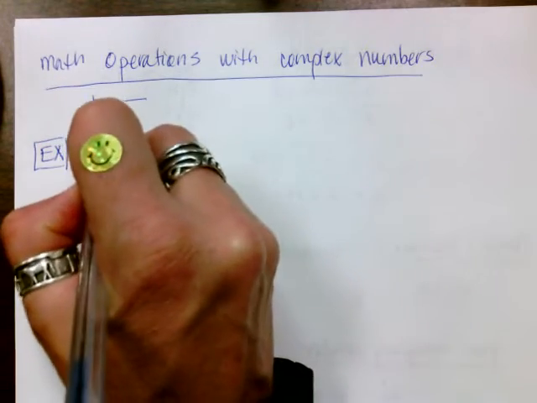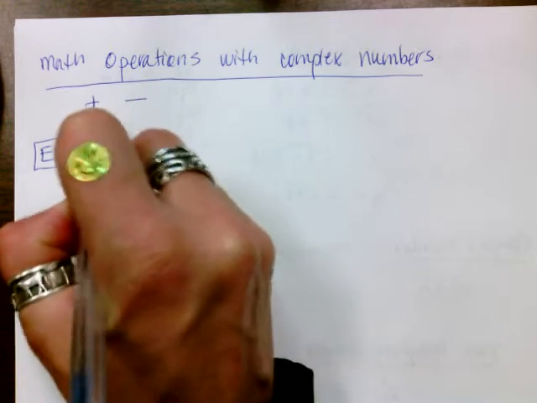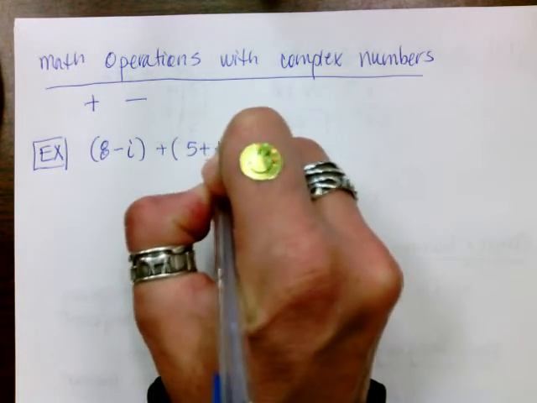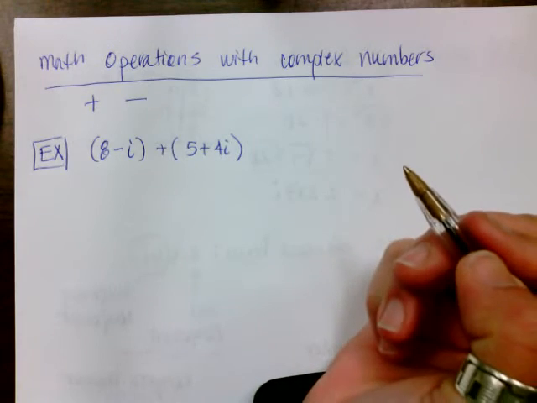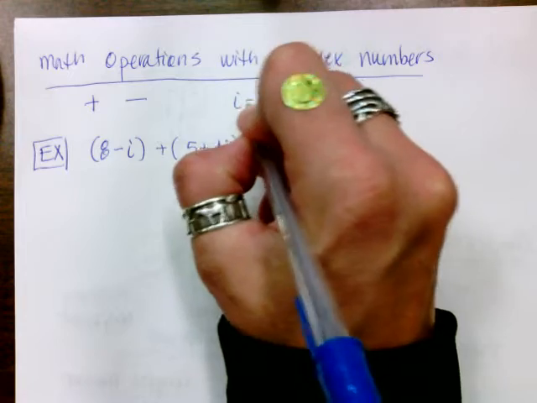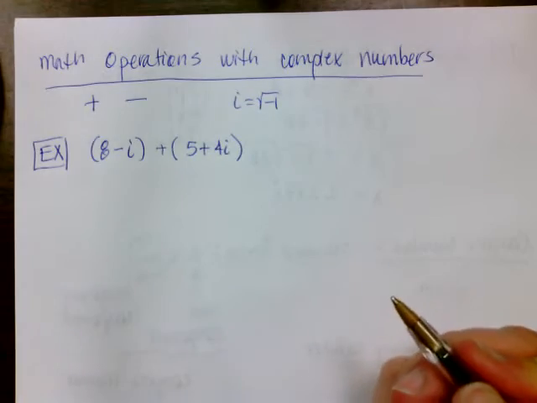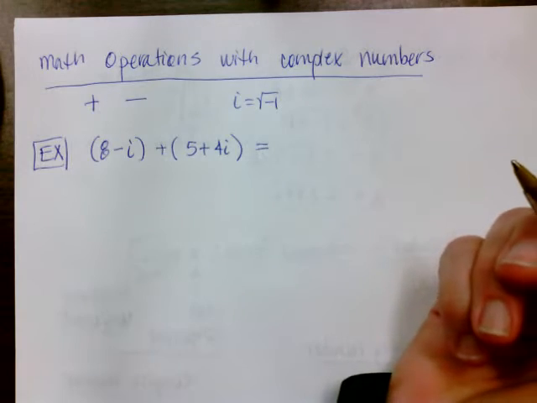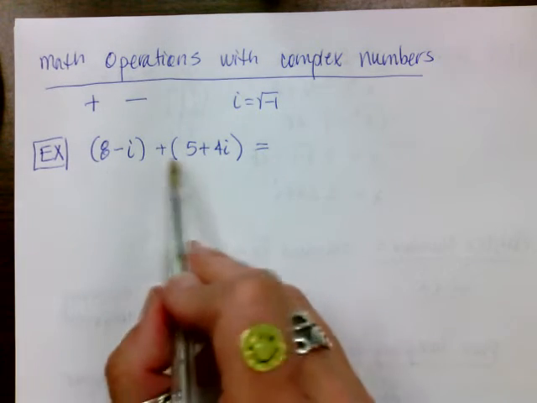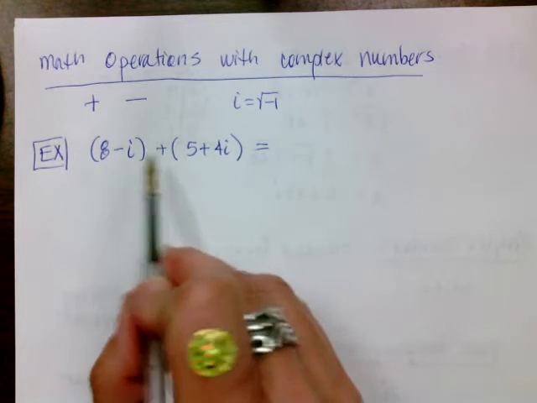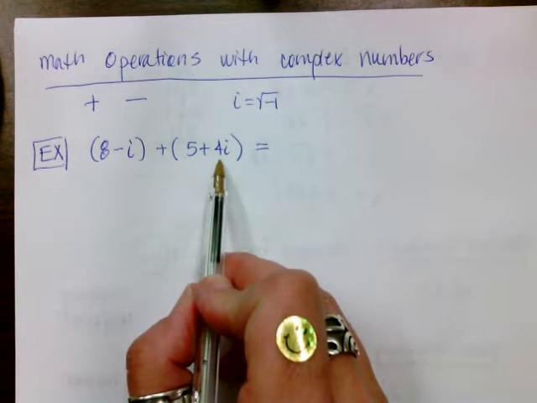If I have 8 minus i, and I want to add it to 5 plus 4i. The i represents the square root of a -1, but it also is treated very much like a regular variable. So just like regular algebra, the like components work together, and so then I would put the numbers together and the i's together.